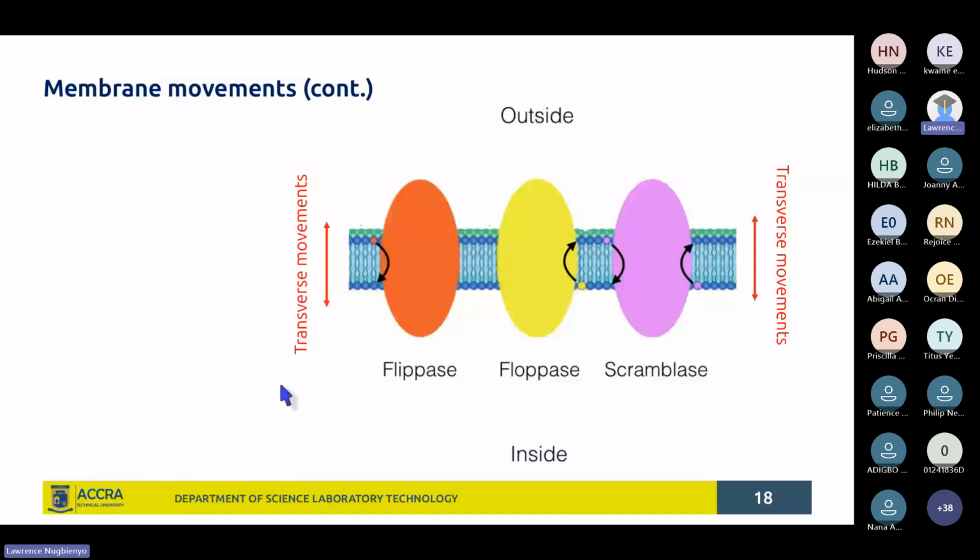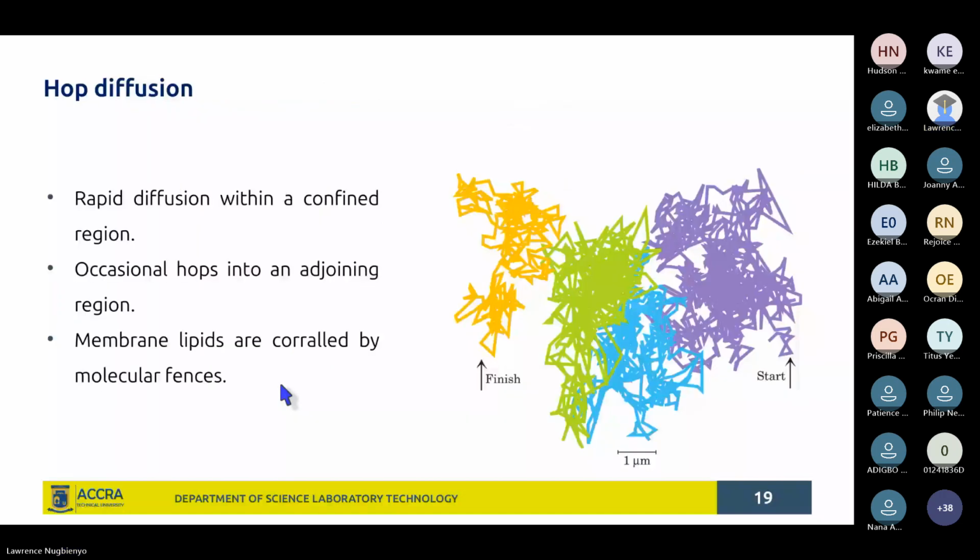Now, we can also talk about what we refer to as hop diffusion. Since we're talking about movement of lipids in the biomembrane, we have what we refer to as hop diffusion, which refers to rapid diffusion of lipids within some confined regions.